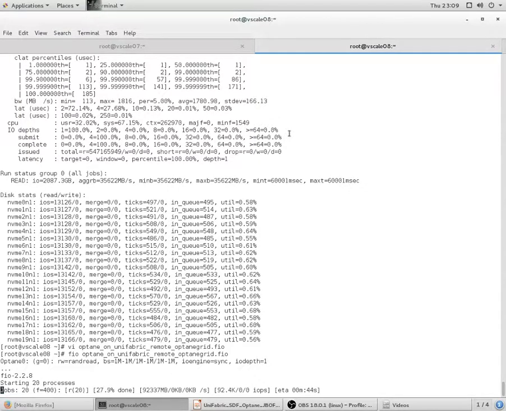Well, 100 gigs a second is, I think, decent enough, point to point. And remember, we are still running on the software-defined version of UniFabric.